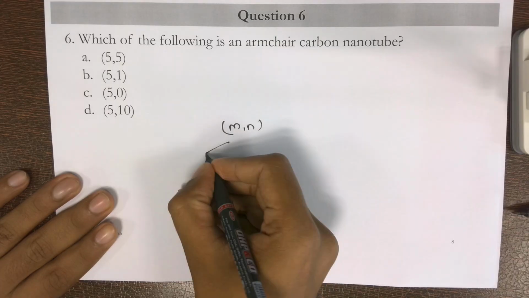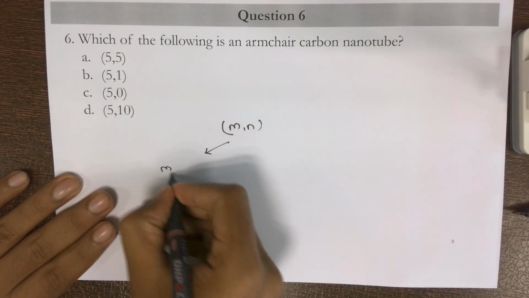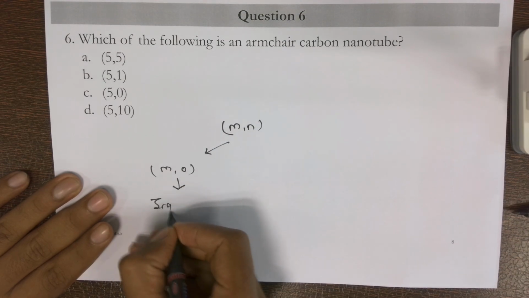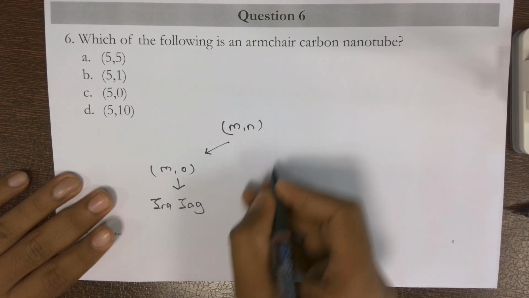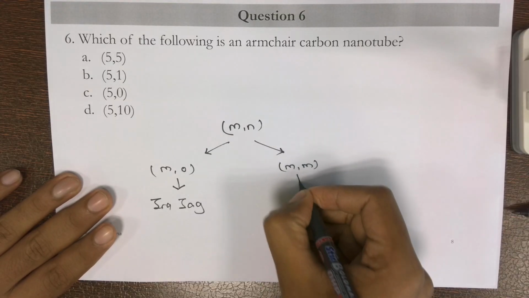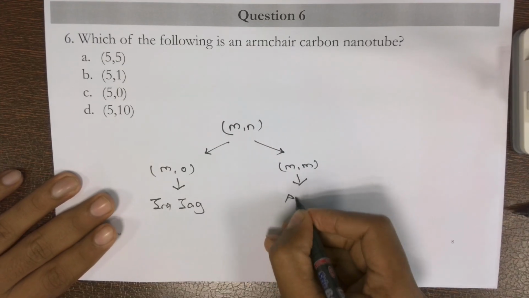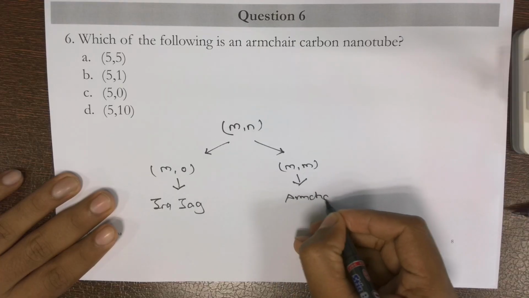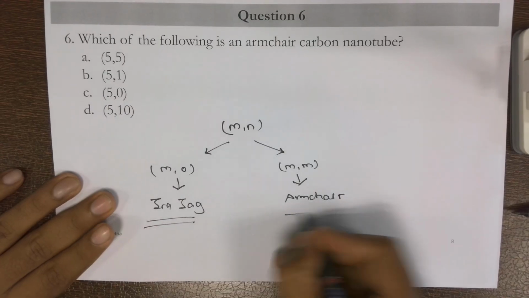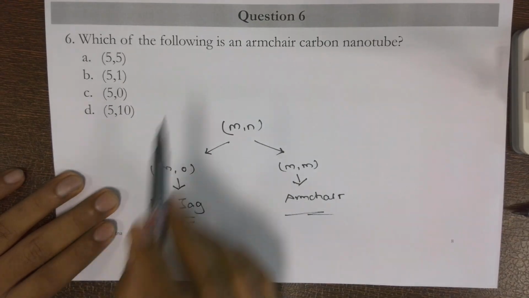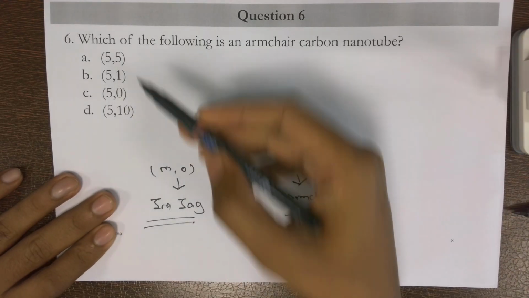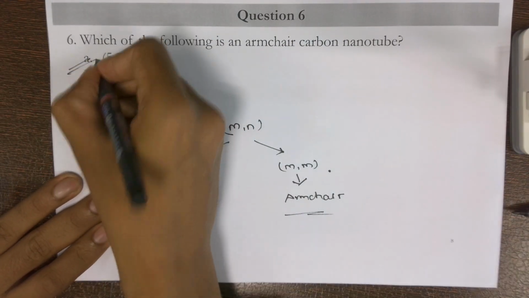What we have if m was 0, or both the numbers are same, in that case we will get it. So with these classifications, you can answer this question. Which of the following is an armchair? For armchair, we need both the numbers the same. So here, the right answer will be A.